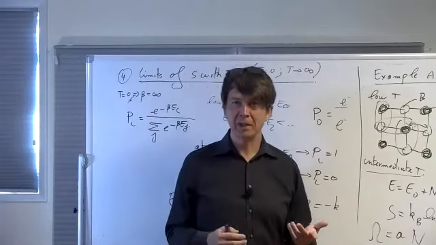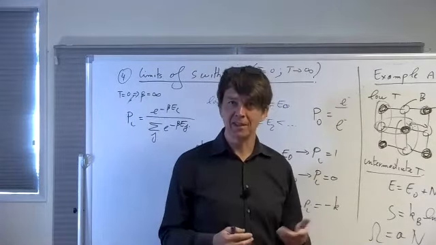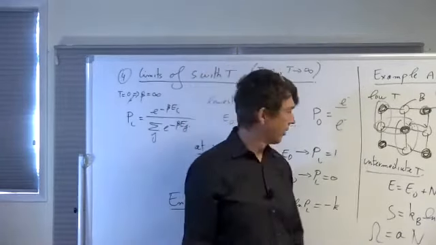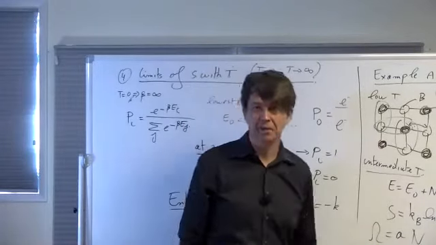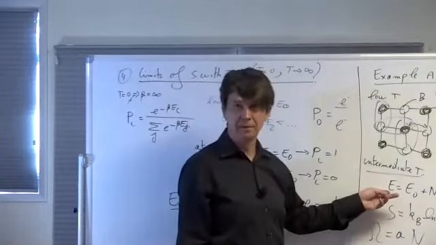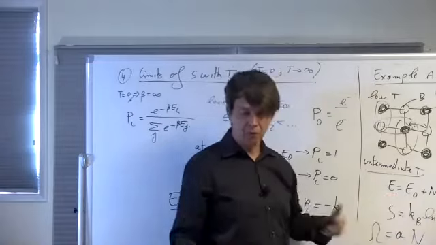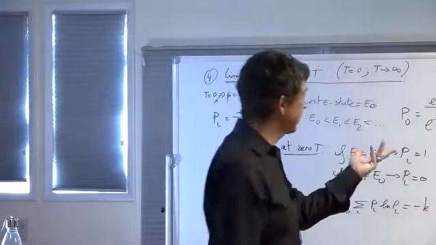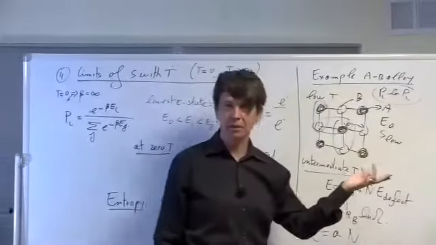If you had to explain to a 12th grader why you have defects at finite temperature, because they have higher energy, the defect energy is positive, so why do you have defects? Why does the system not just stay in its low energy state?